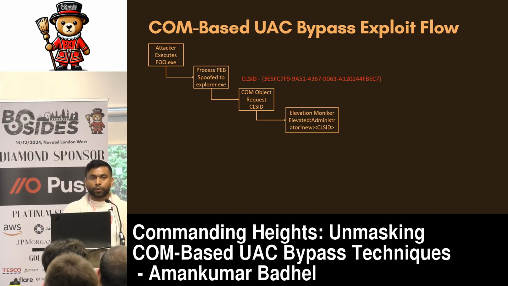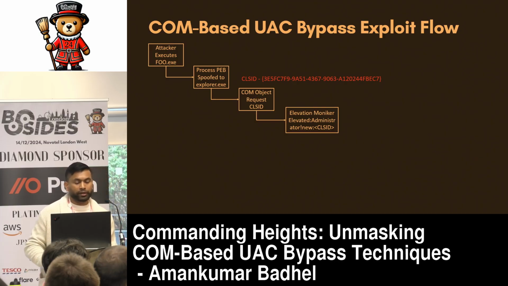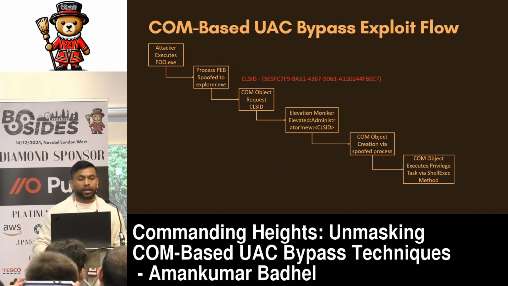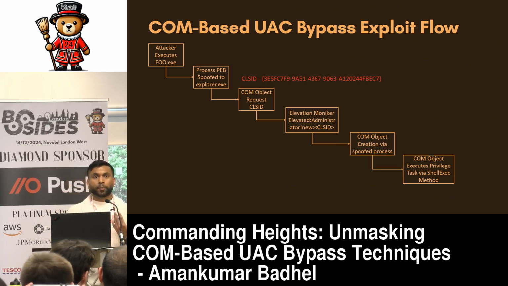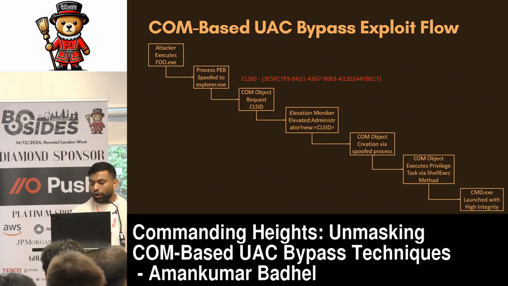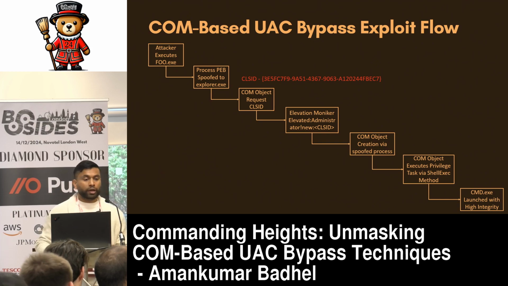But the exploit has spoofed its process environment block to explorer.exe in order to impersonate a system trusted binary, which results in the creation of the COM object with an elevated context. The exploit then uses this object's ShellExecute method to launch cmd.exe with a higher integrity level without prompting for a UAC.